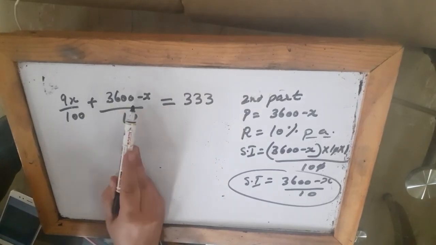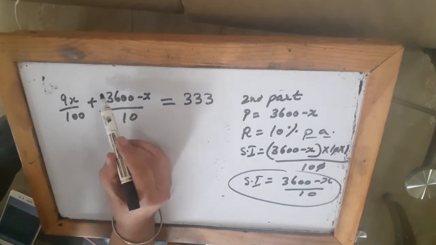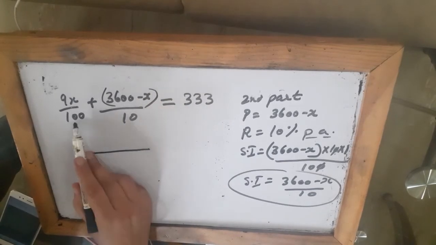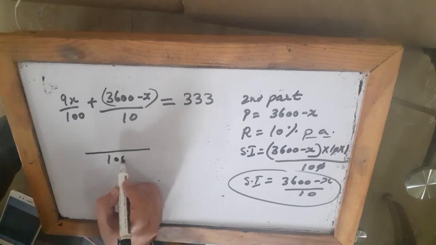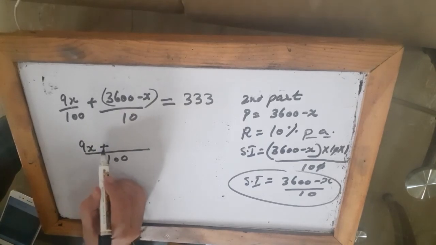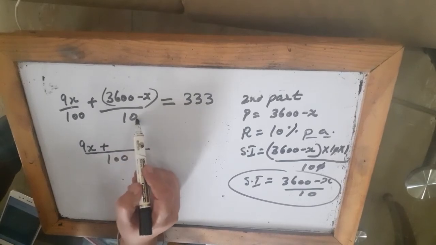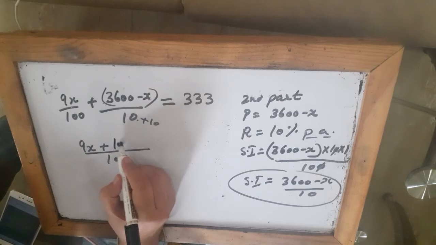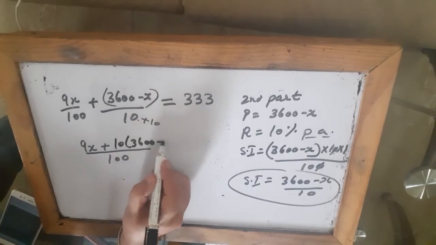Solve it. You can see both are x terms, so I have to take out the LCM. That will be 100. So this will remain the same, and this 10 is 100, right? So this whole I will multiply with 10.